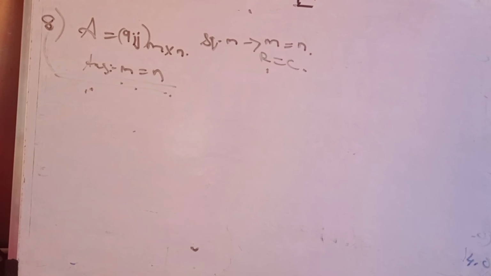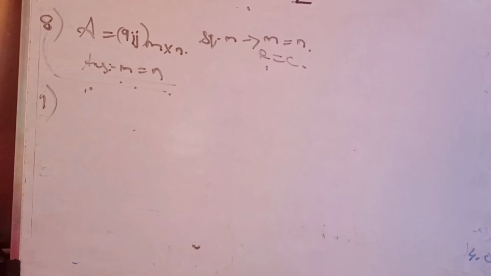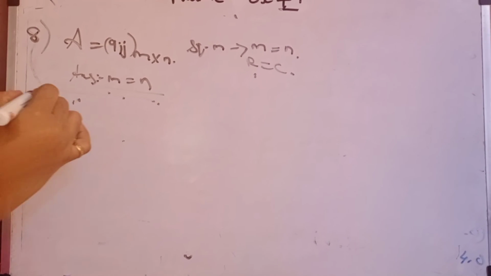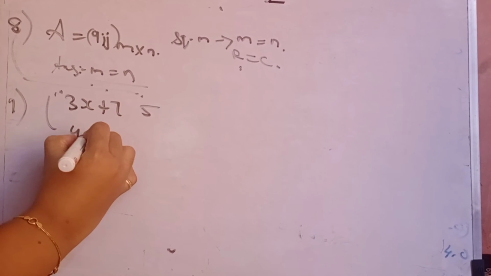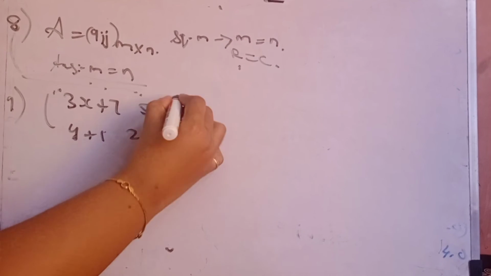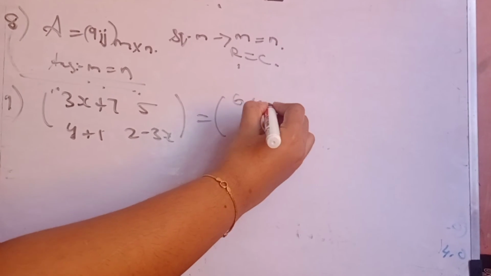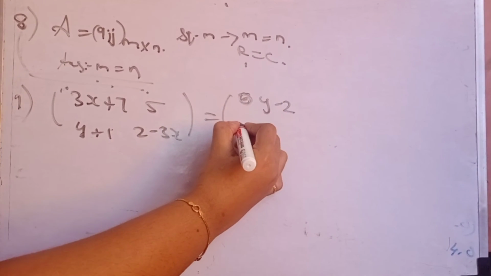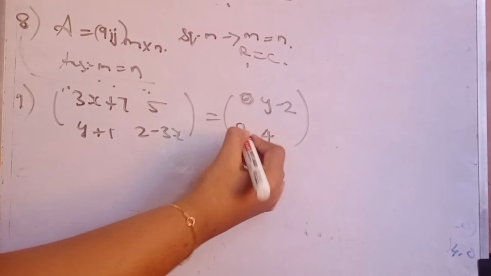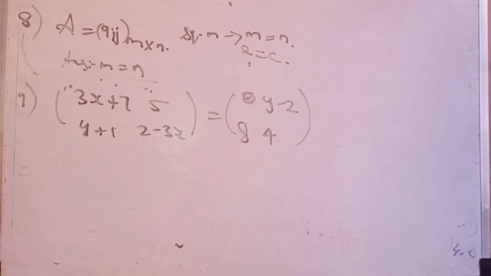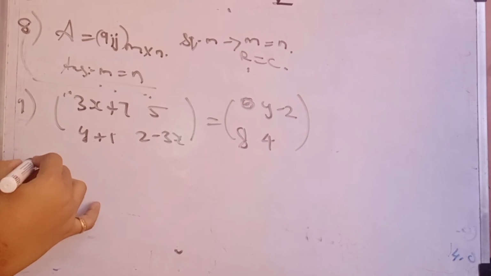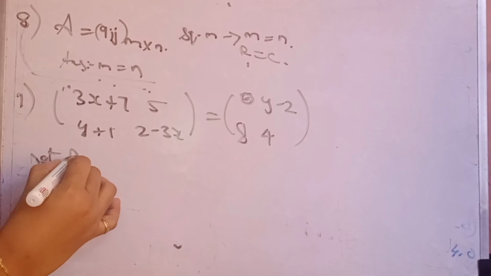Okay. So the 9th one, we are going to complete it actually. The 9th one is 3x plus 7, 5, y plus 1, 2 minus 3x equal to 0, y minus 2, that is 0, y minus 2, 8 and 4. So what you need to, it's also again no option, right? For this the answer will be not possible.